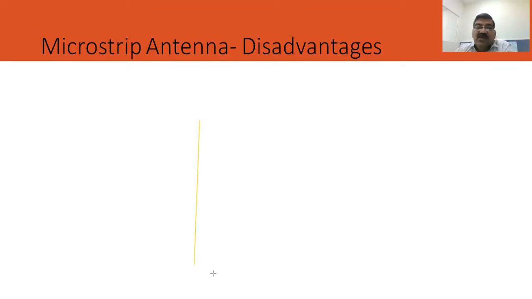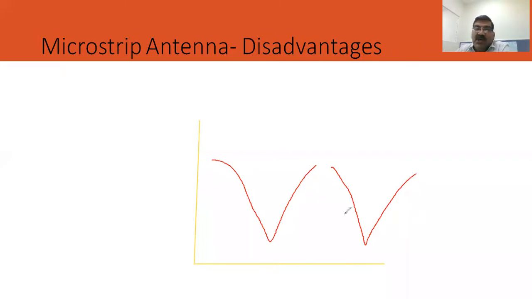So this is the x and y axis, and you will use the antenna for this frequency band. This is your frequency, and for this you require another frequency band. Okay, this is your threshold. You can see.